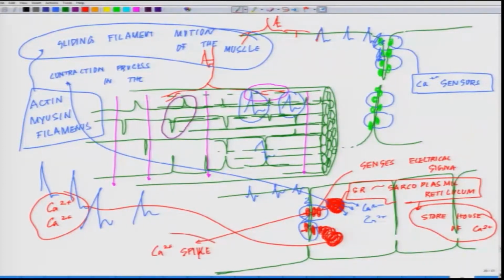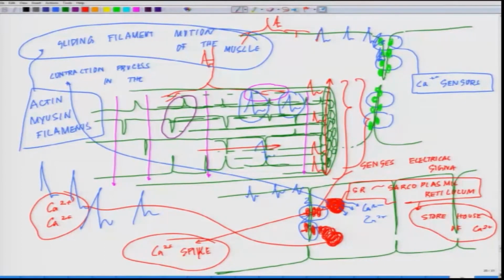This is the calcium spike which is coming. So it's a very interesting process how these electrical signals are transmitted in three dimensions, back and forth, and which leads to the mechanical motion of this muscle.